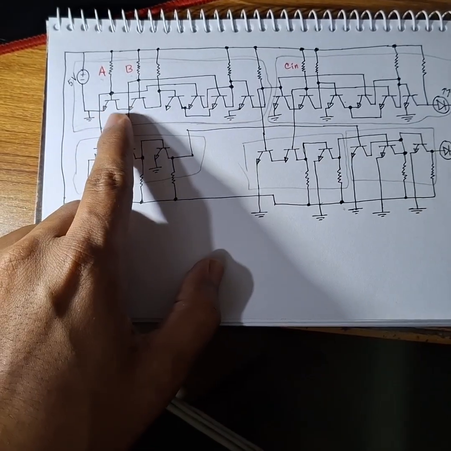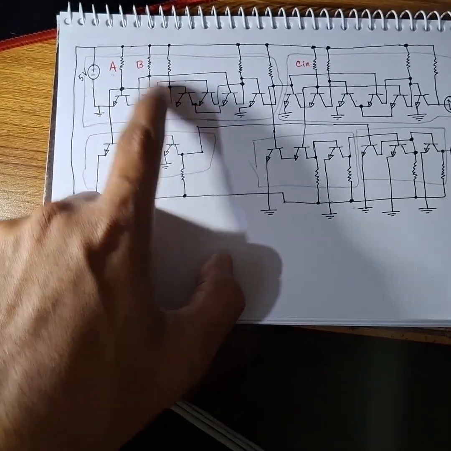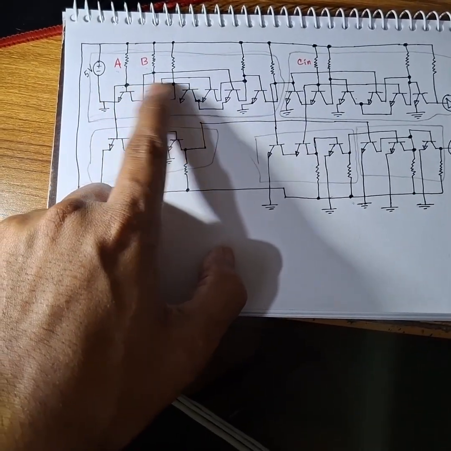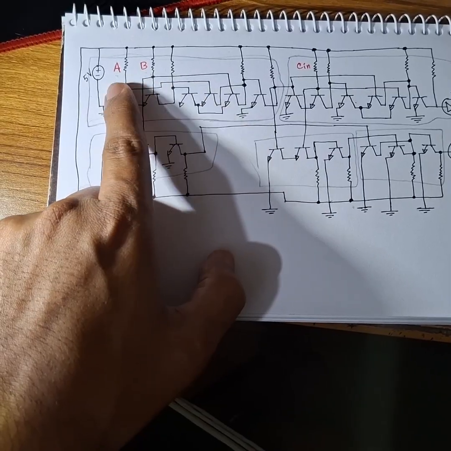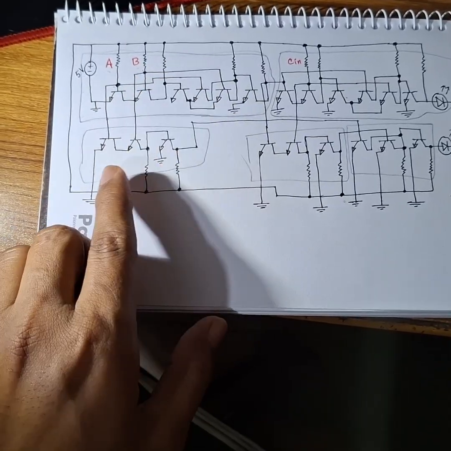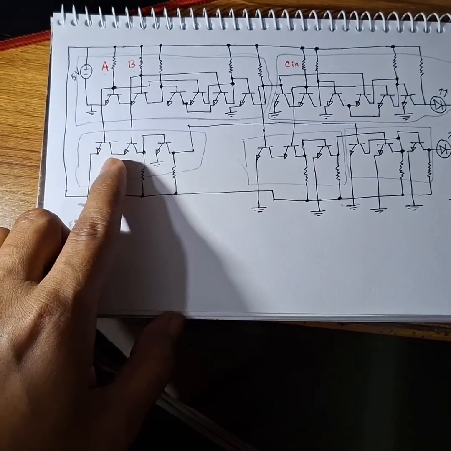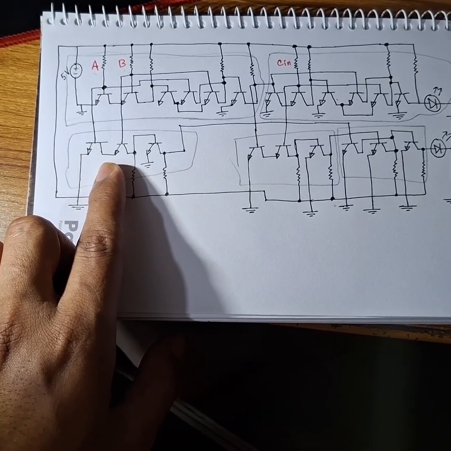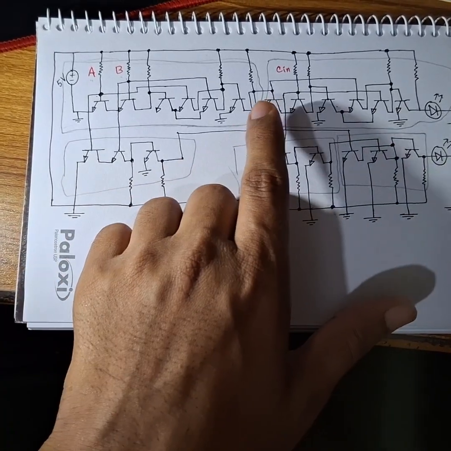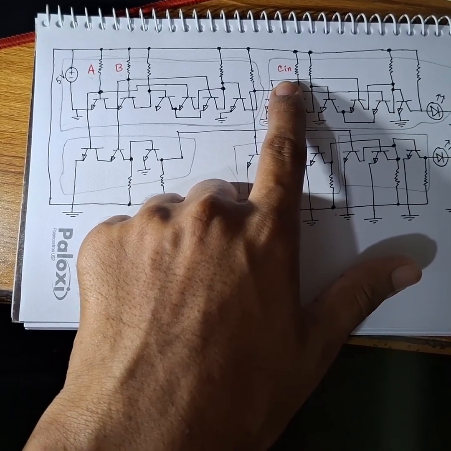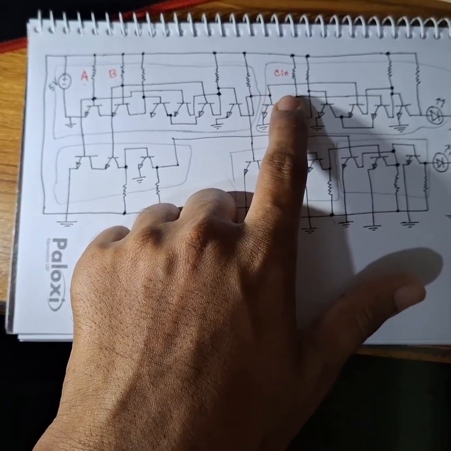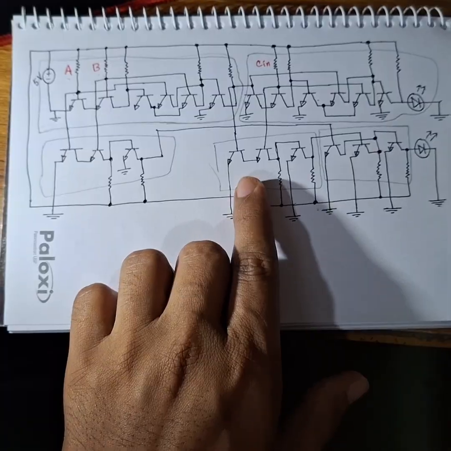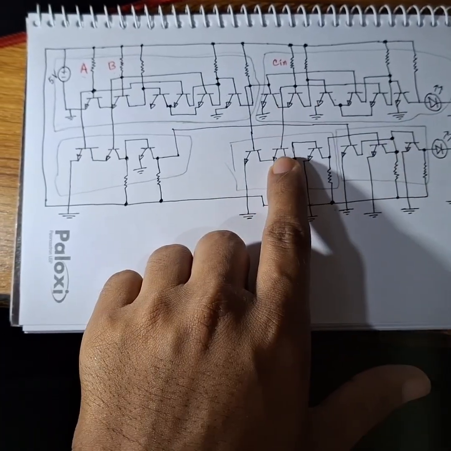So what we have done: the first 2 transistors' input is given, that means inputs A and B are given to the XOR gate, and both inputs are also taken to the AND gate. We have seen this already in the logic gate diagram in the previous part. Then the C input is given into XOR gate 2 and into the AND gate, that is here.